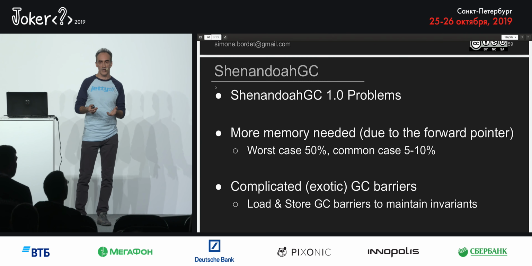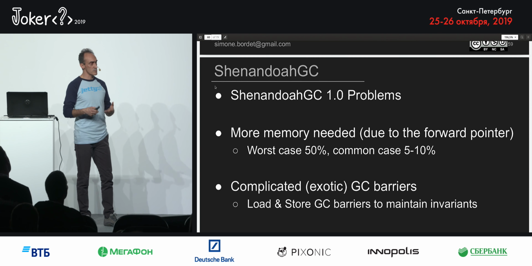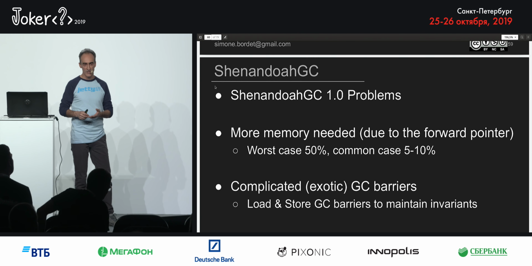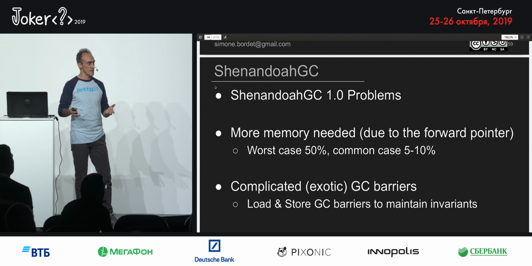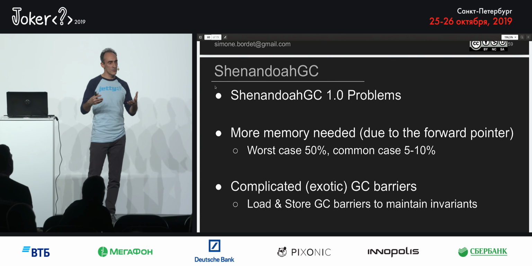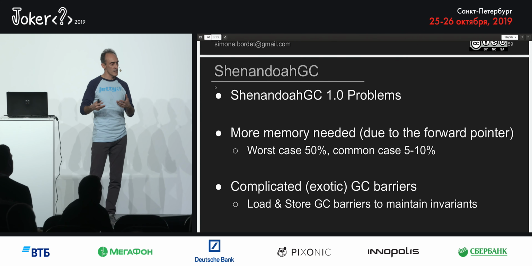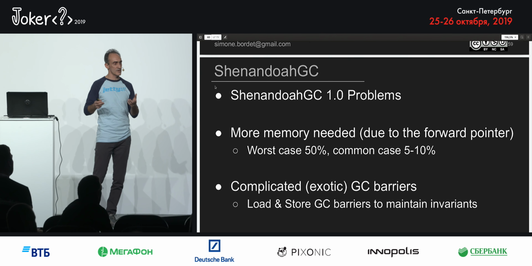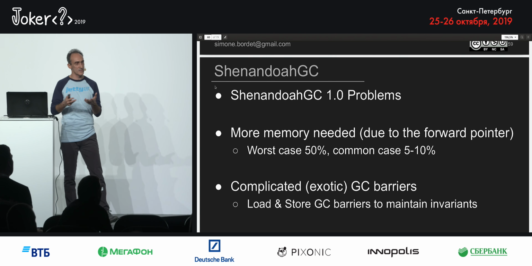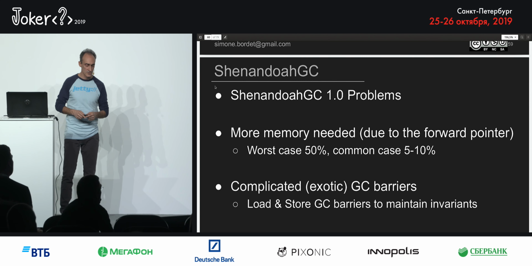But what does that mean, 10%? Well, 10% means that you have to do your garbage collection 10% more times, which means that 10% more times the CPU will be stolen by the garbage collector threads. And therefore, your application will run a little bit slower because some of the cores of your machine will be stolen by the garbage collection, and so forth.